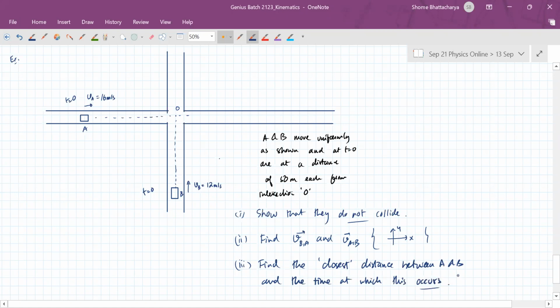What is the closest that they come to each other, and at what point of time do they come closest to each other? Now, there are various ways of doing this third part. You can convert it into an interesting calculus problem, looking at it from the ground frame point of view. But one very interesting solution will be from the relative motion point of view, which we will discuss in detail over here.